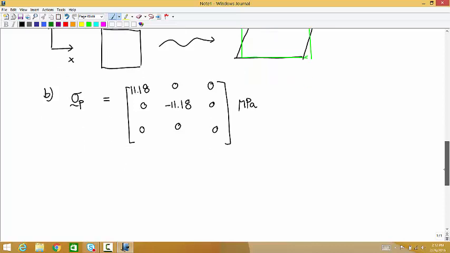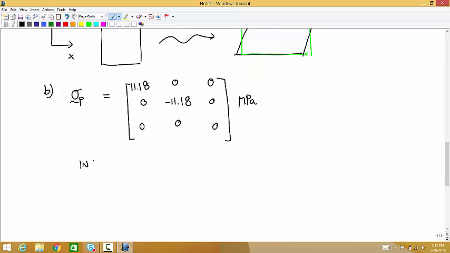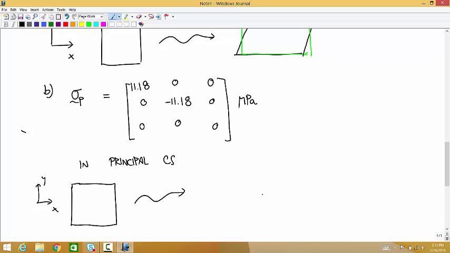Okay, so if you wanted to be clever, you could say in the principal coordinate system, it goes from this to this with no angle changes, because you don't have any shear stresses in that case.